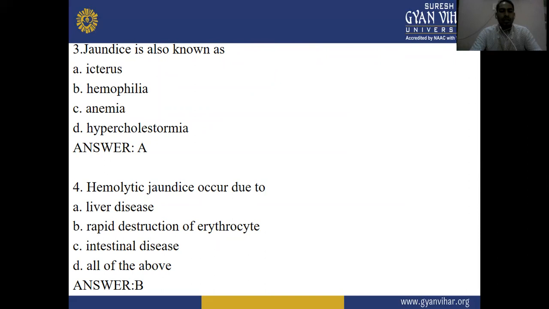The right answer is B. Hemolytic jaundice occurs due to rapid destruction of erythrocytes.